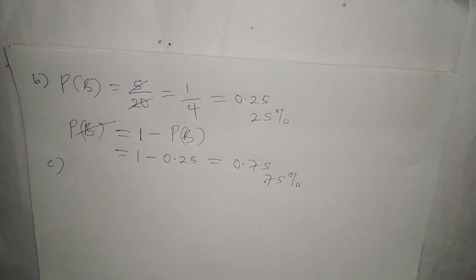C says, what is the probability of selecting a green or yellow marble? Whenever you hear the word or, it implies addition, and when you hear the word and, it implies multiplication.